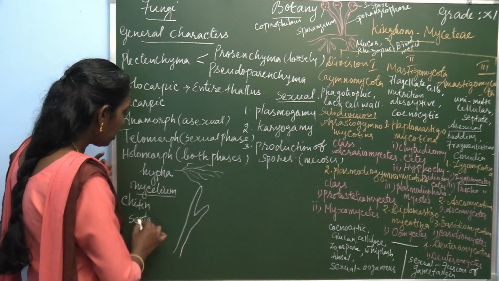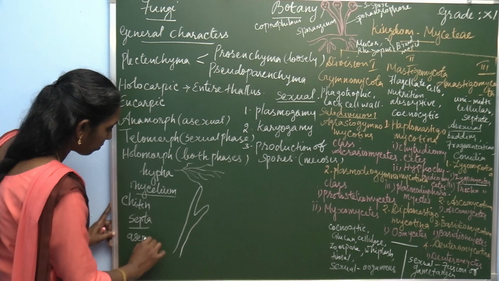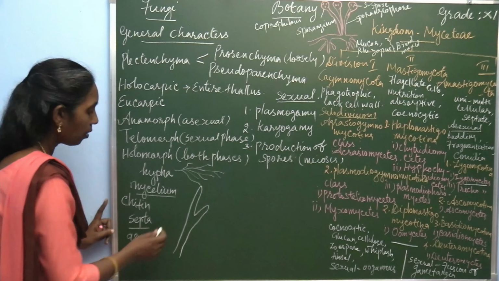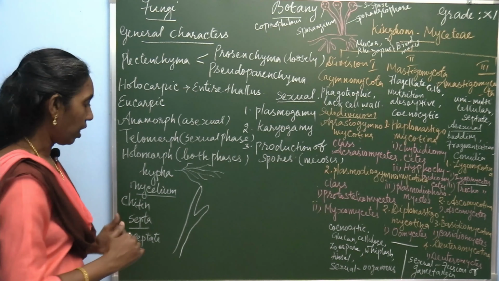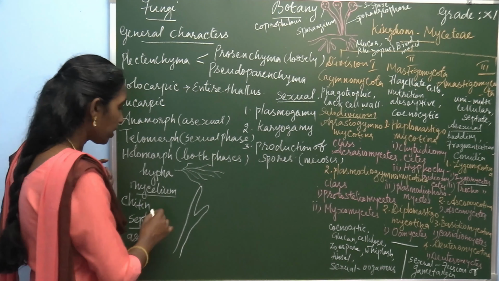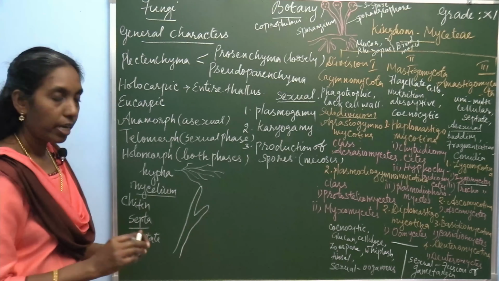Now there is septate and aseptate. The mycelium is categorized based on the presence and absence of septa. If septa is present, that is septate. If septa is absent, it is called aseptate.